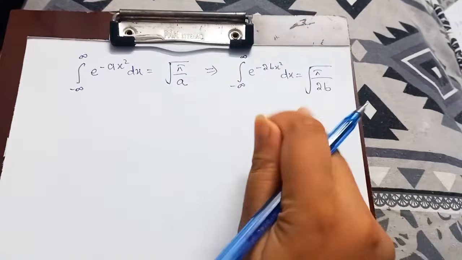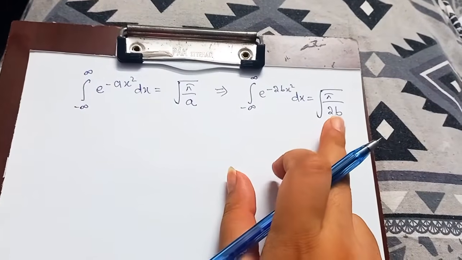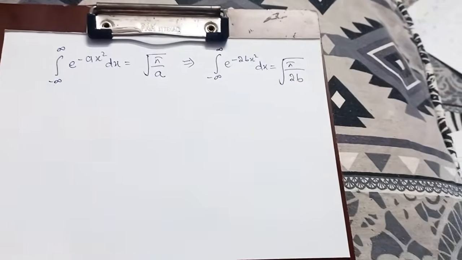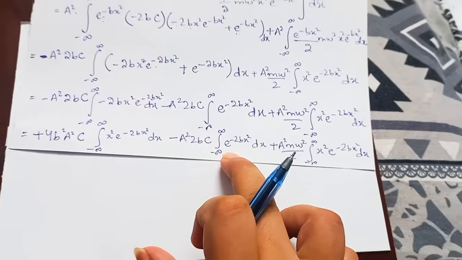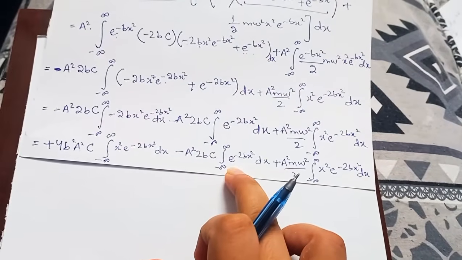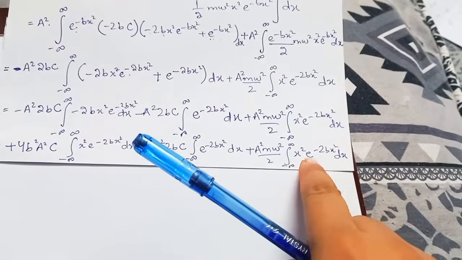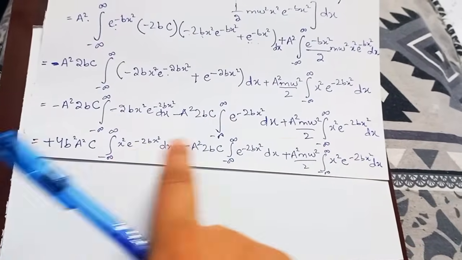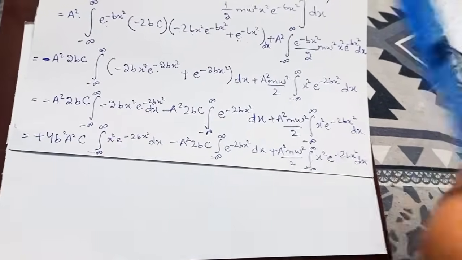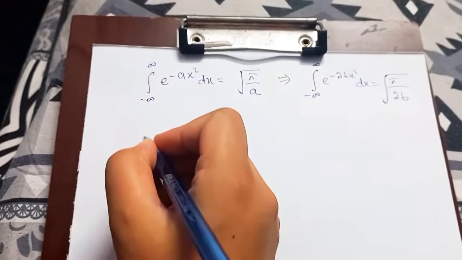This is the value of this integration that we'll put right here. We did the same while calculating the normalization constant. Now let's see what's the value of this integration, because you can see both of these are the same integrals, so we'll put the same value right into them.